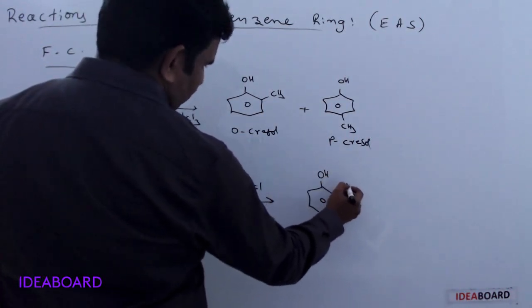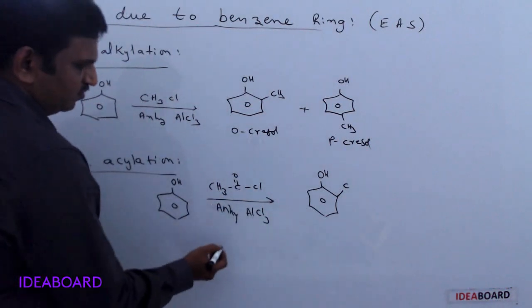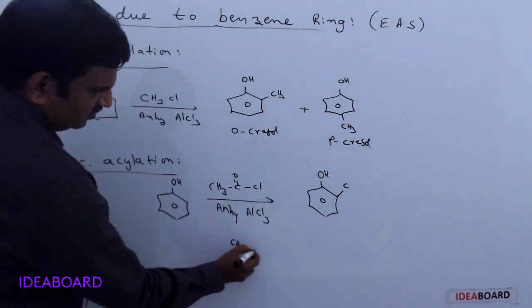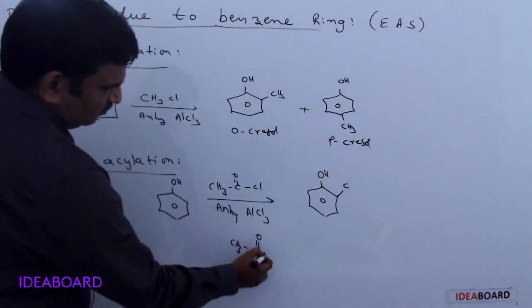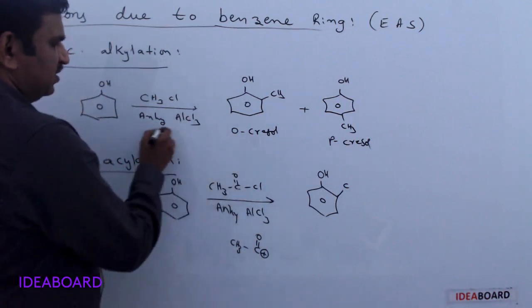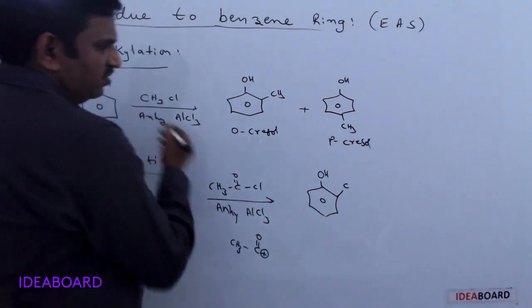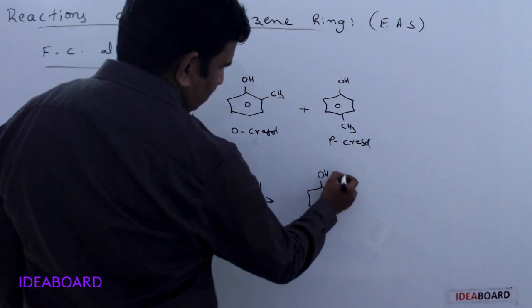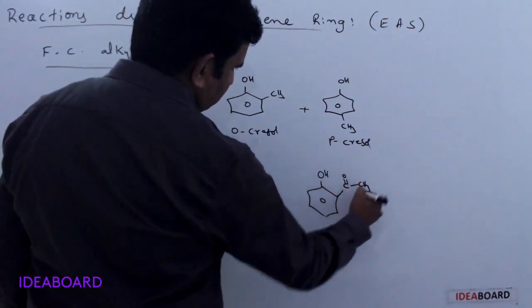A CO group will come. What is the electrophile here? CH3CO plus is the electrophile. So you will get CO and CH3.